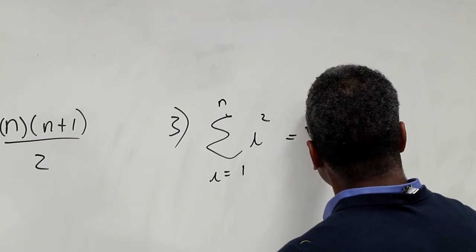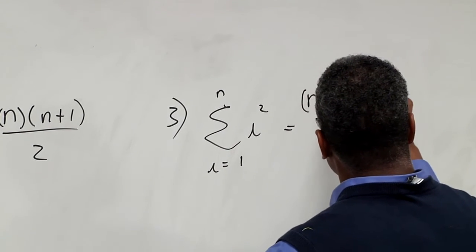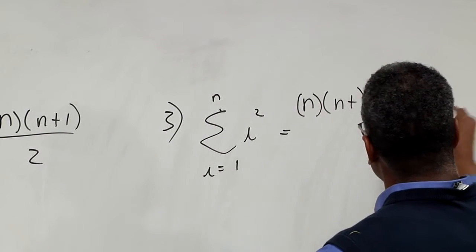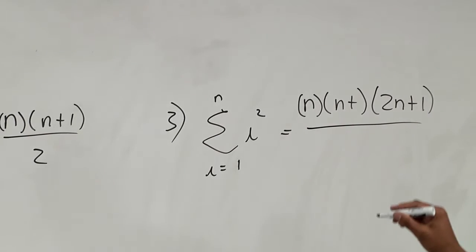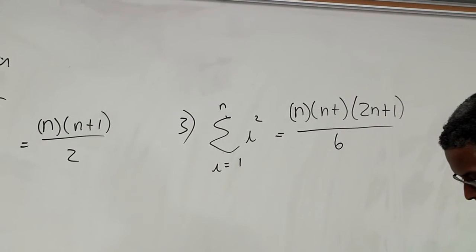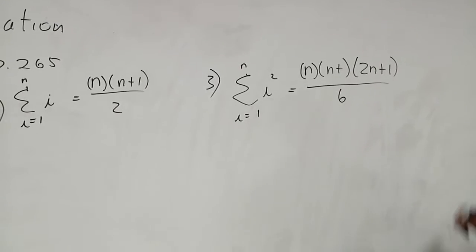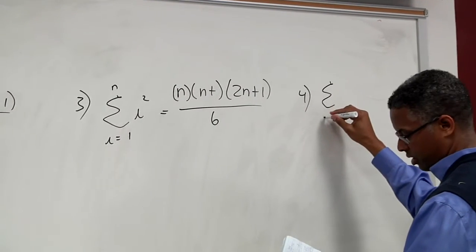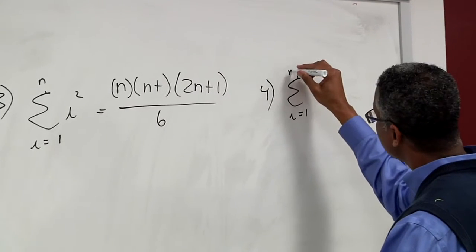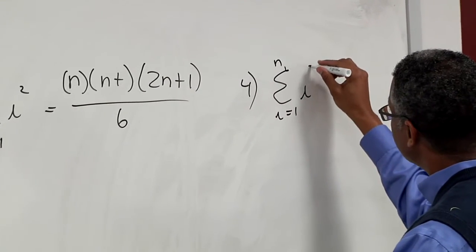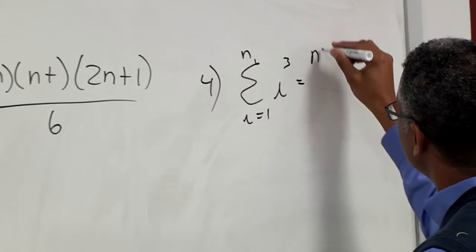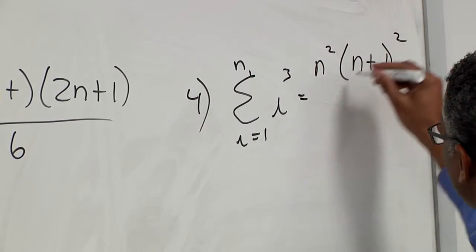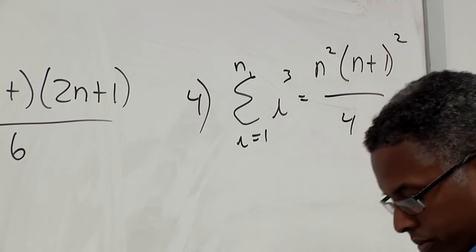That equals n times (n plus 1) times (2n plus 1) all over 6. And the last formula we're going to be dealing with is the summation from i equals 1 to n of i to the third power equals n squared times (n plus 1) squared over 4.